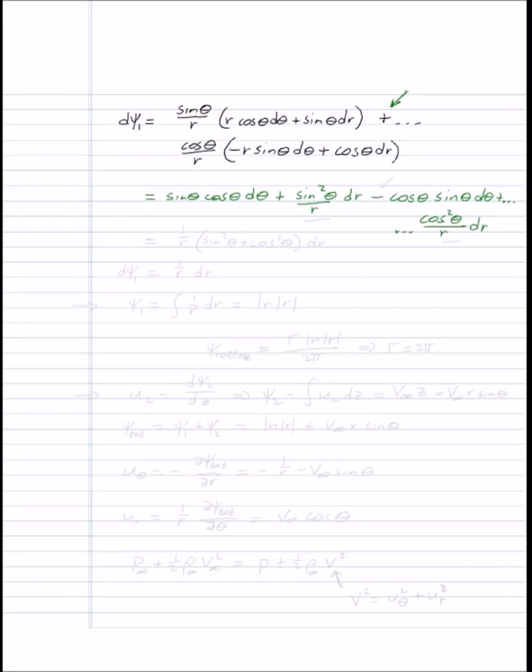So again, we see a sine squared right here, and we see a cosine squared right here. So we can merge those two. And actually the other two terms are going to cancel out because they're identical except for this minus sign here.